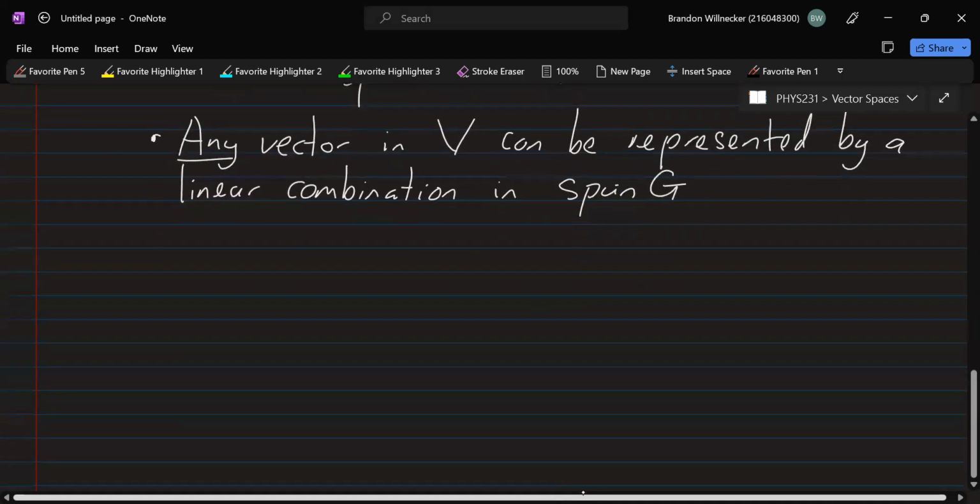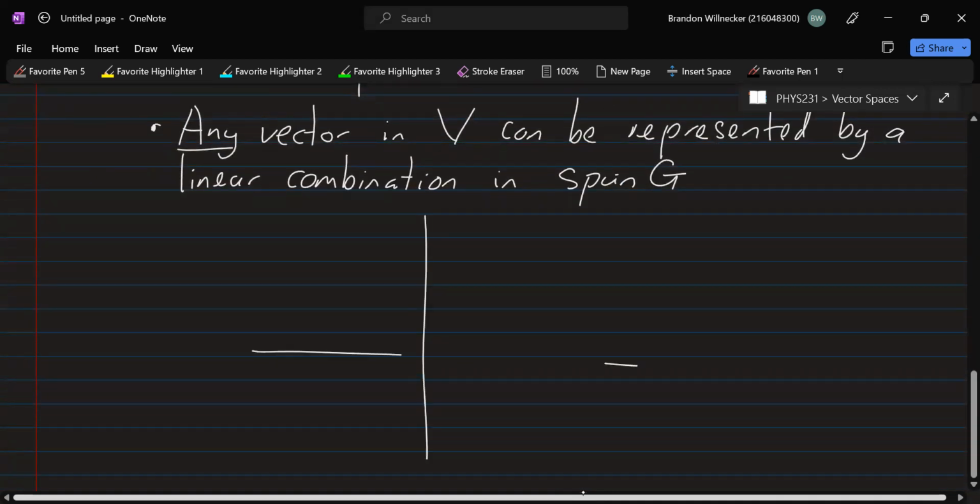For example, going back to your Math 140 stuff, if we have three vectors in R2, say a vector along here, a vector along here, and another one here, we know that we can reach any element using two of these. Remember your vector addition. We can use vector addition to reach any vector with two of them. If we have three of them, we can still reach every vector, but the third one is not really needed.